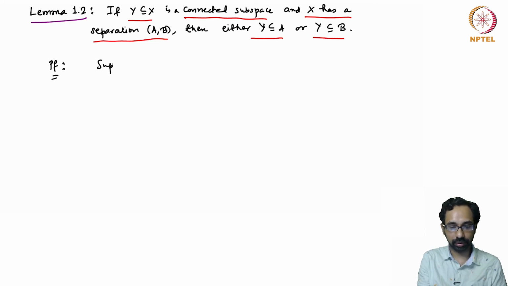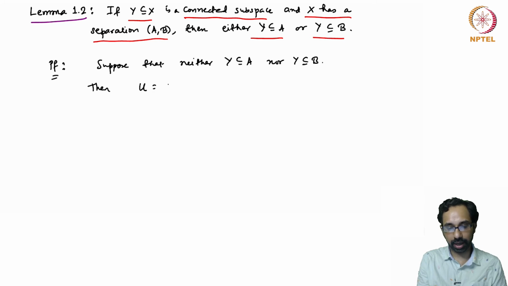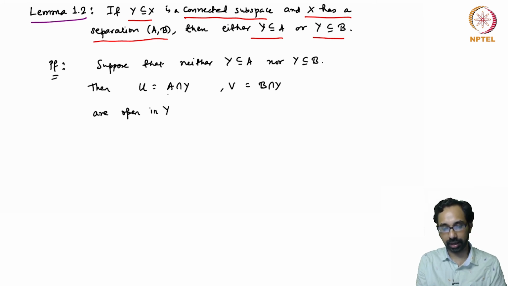So suppose that neither Y is a subset of A nor Y is a subset of B. Then define U as A intersection Y and V as B intersection Y. So they are open in Y, both are open in Y because A and B are open in X, and Y is given the subspace topology.